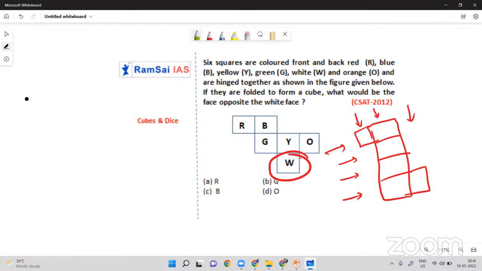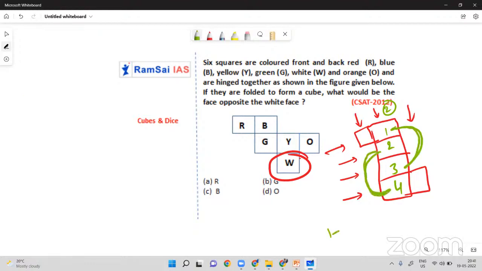Now find out which column has the highest length, highest faces, I can say. So the second column. In that second column, we have 4 faces. Remember, the odd faces will always be opposite, the even faces will always be opposite.